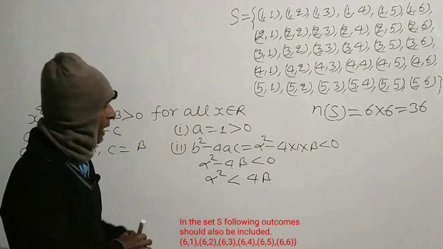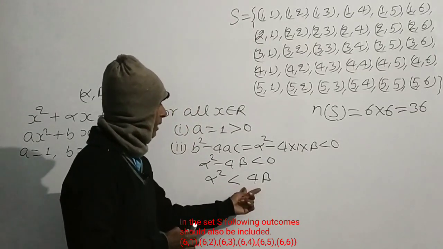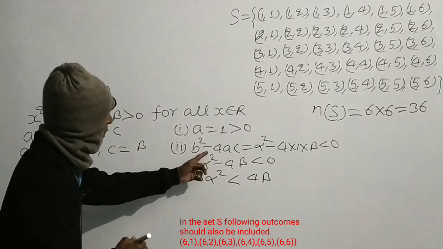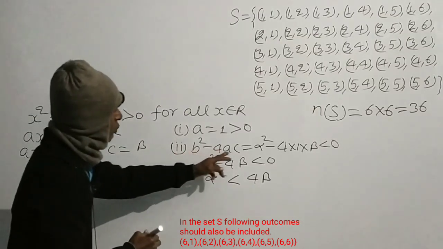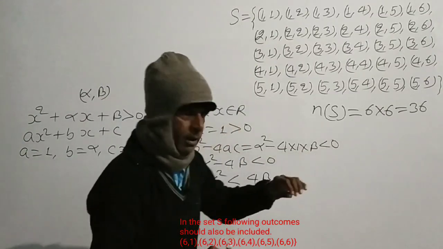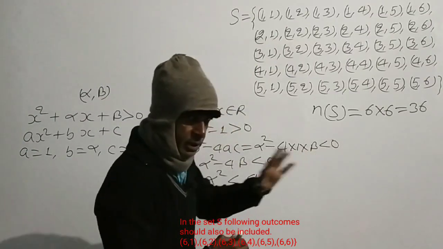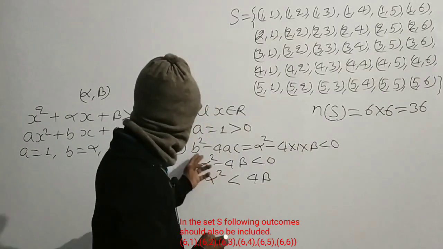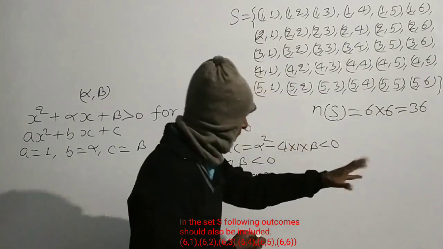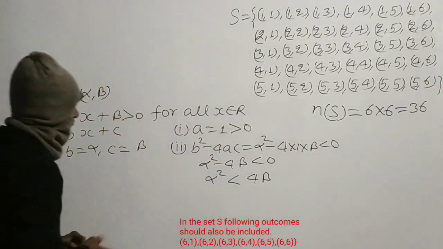When alpha square is less than 4 beta, then the second condition, b square minus 4ac should be negative, will be satisfied.